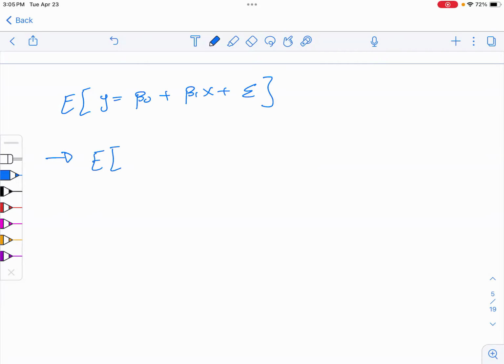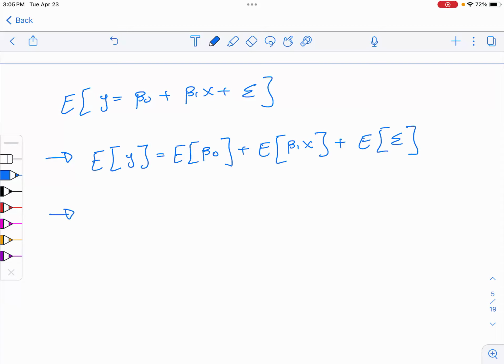Expected values can go across all mathematical operations. And so, like I said, an expected value is just an average.